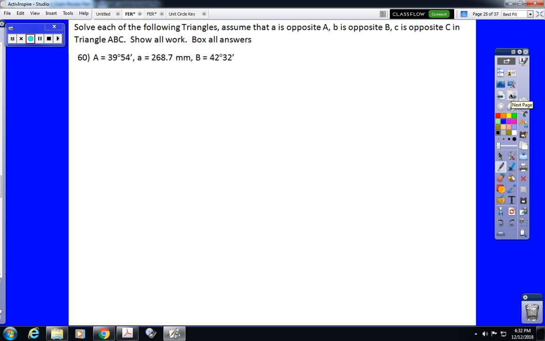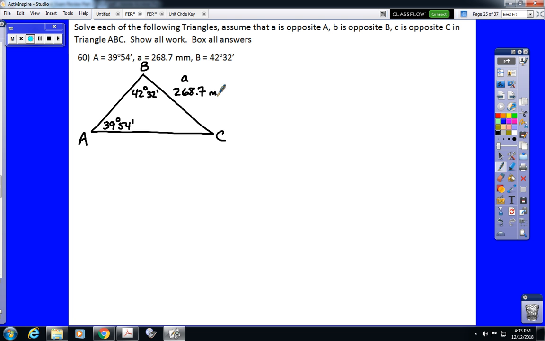All right, now this time we have a different situation. So draw the triangle, angle A, angle B, and angle C. Angle A is 39 degrees 54 minutes. Angle B is 42 degrees 32 minutes. Little a is 268.7 millimeters.